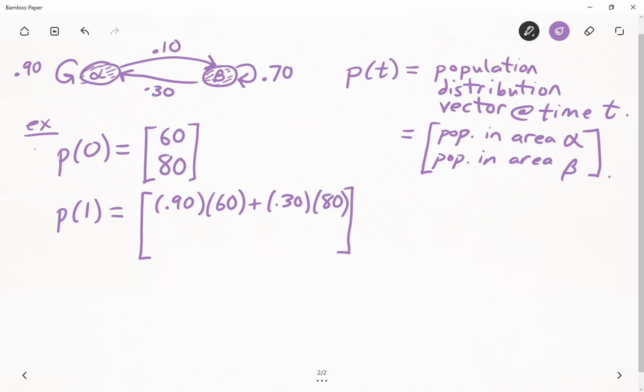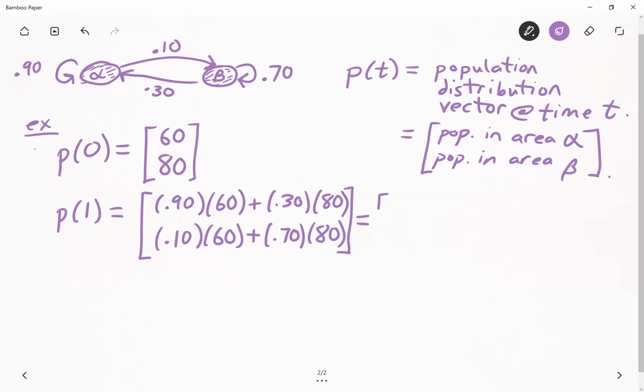And similarly, area beta's population next year will get 10% from area alpha. So 10% of the alpha population, which is 60, plus 70% of the beta population stays put. So 70% times 80. And notice that I'm arranging these in a certain order to draw attention to the patterns we have.